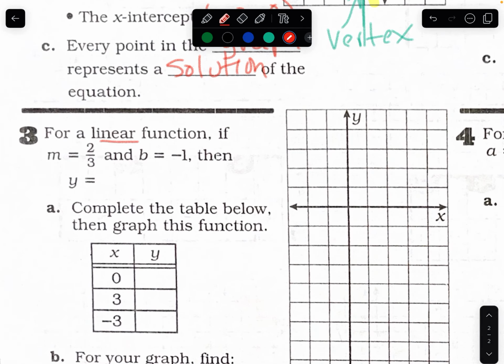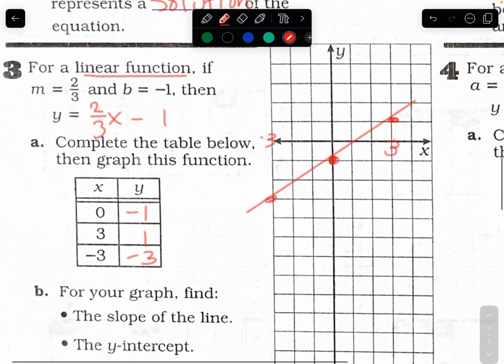Okay, so this is a linear function, 2 over 3x minus 1, so it starts at negative 1, go up 2 over 3, up 2 over 3, go down 2 over 3 this way. Okay, so at 0, it's negative 1. At 3 here, it's 1. At negative 3, it's negative 3. Okay?